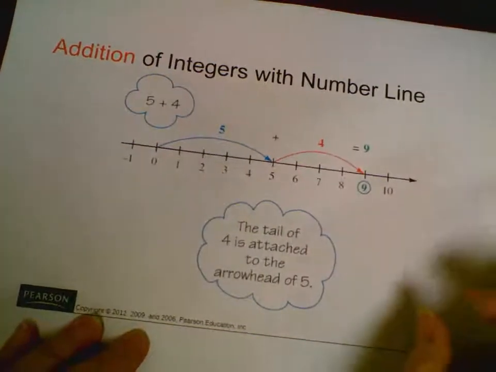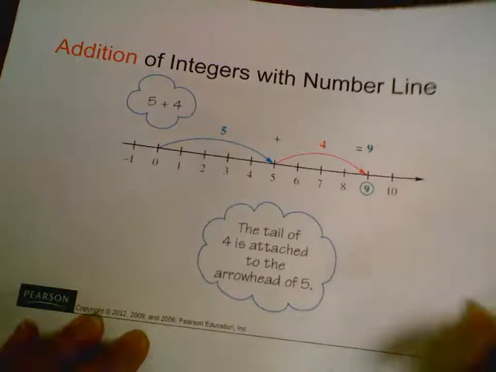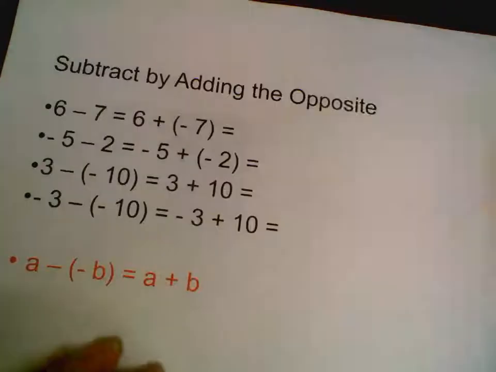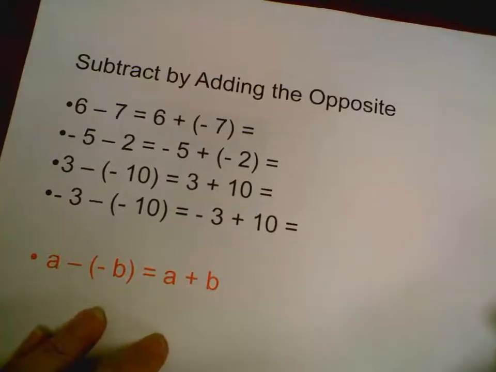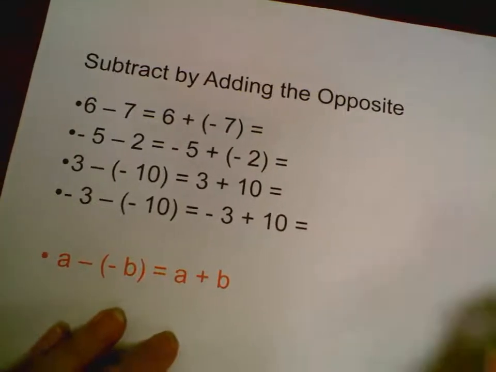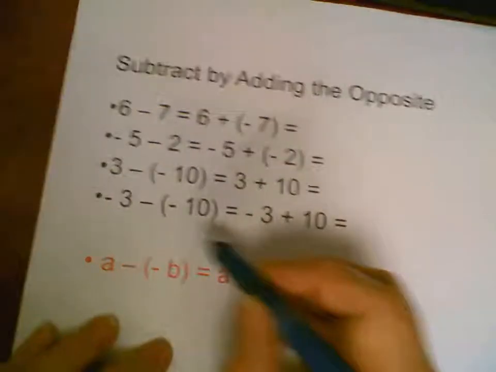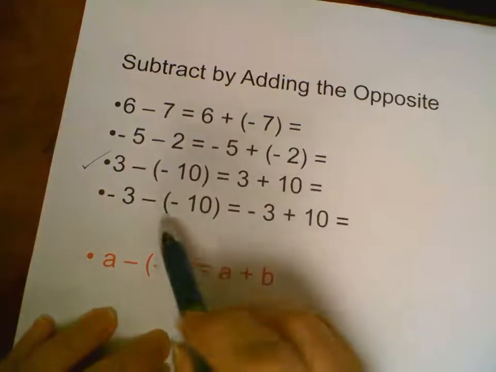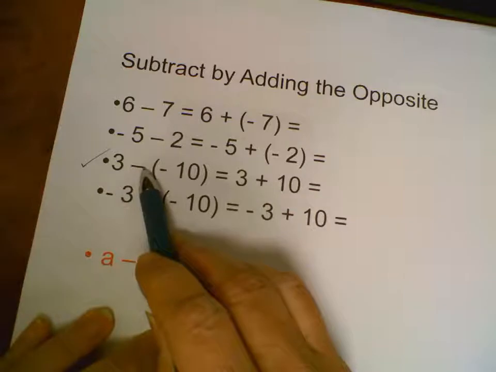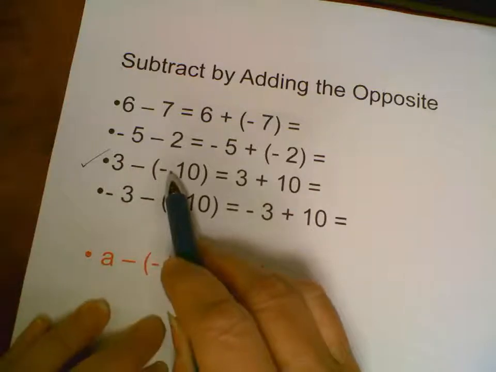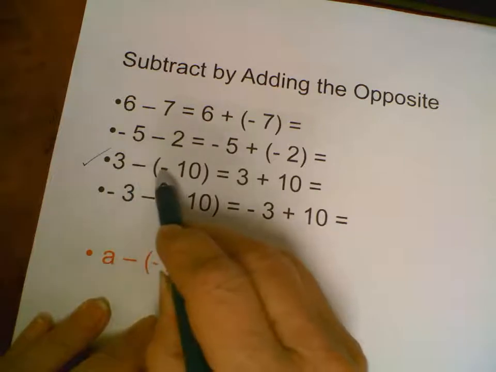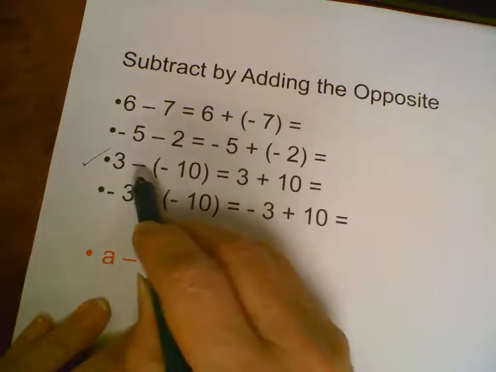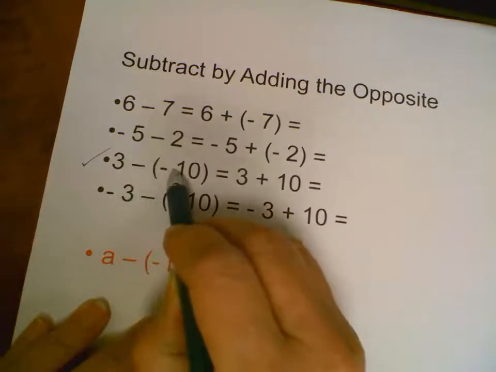I've already shown you examples of adding with a number line. We've talked about subtraction, but let's go through some of the more unique ones, like this one. If you have minus and a minus right next to each other, they turn positive because minusing a negative means what's the opposite of a negative?